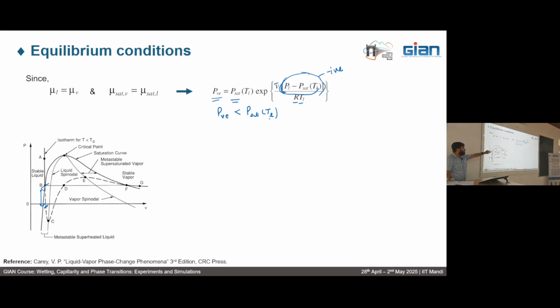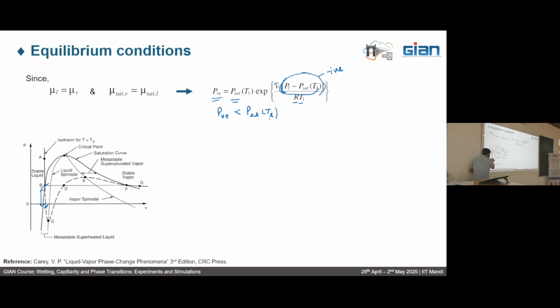What is the significance of this statement? The significance is, let's suppose that the vapors are formed at pressure PVE, and we are talking at a constant temperature, so temperature is TL everywhere. It means that if initially the liquid is at some metastable state here, for a temperature TL, its saturation point is here, and it is greater than the PVE.